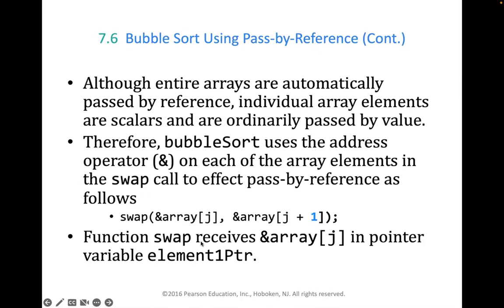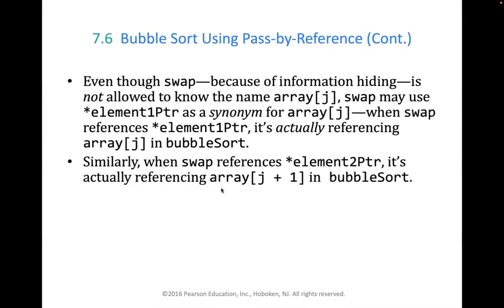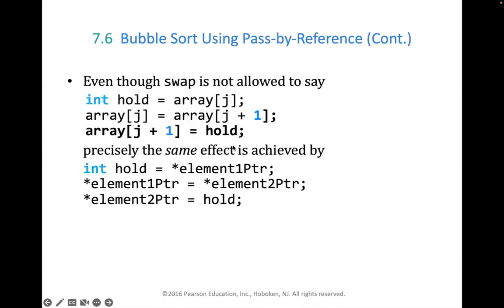Then the function will receive the memory addresses in the pointer variables element1Ptr and element2Ptr. Okay, so this is the original swap function we used in chapter 6 in the bubble sort.